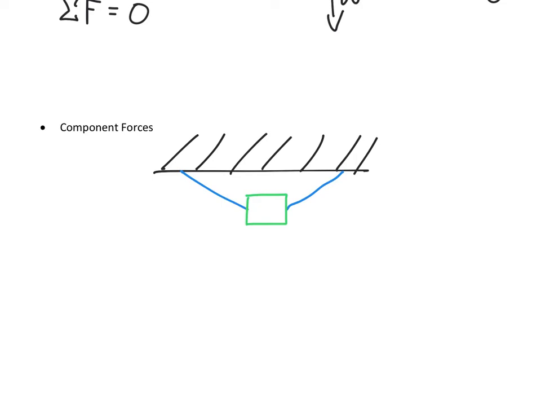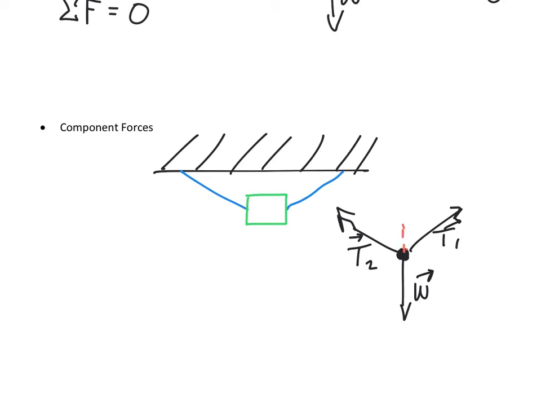Let's draw a free body diagram. What forces are acting? Well, we have the weight, of course, which is straight down, and we also have the tension of the two cables. We'll call them T1 and T2. Now, when we talk about component forces, it's just the x and y parts of those. So I'll draw these in here.